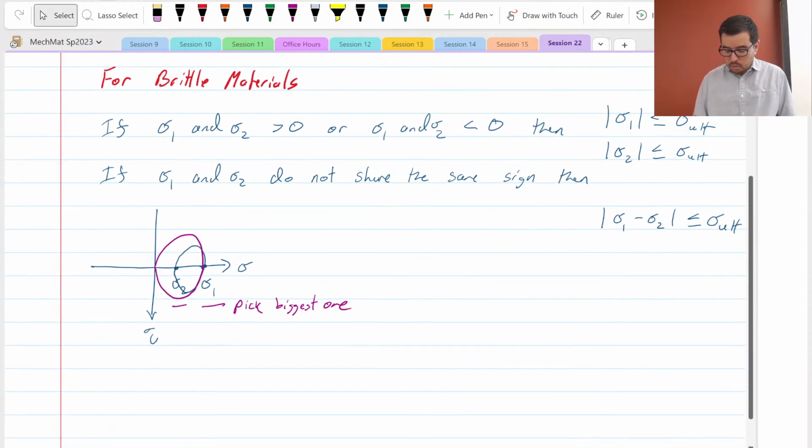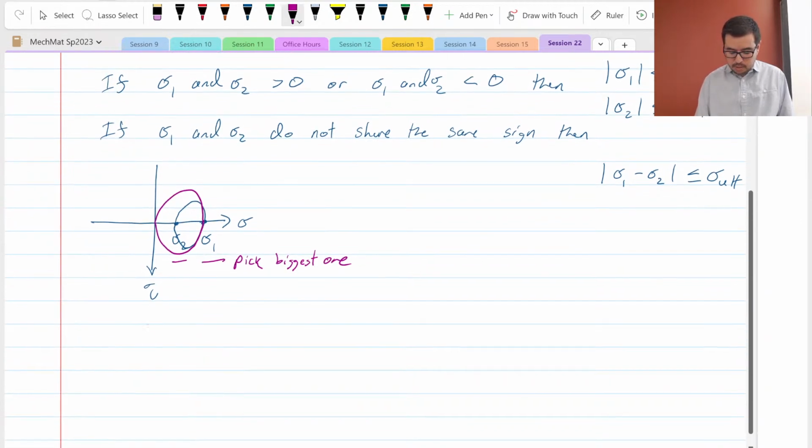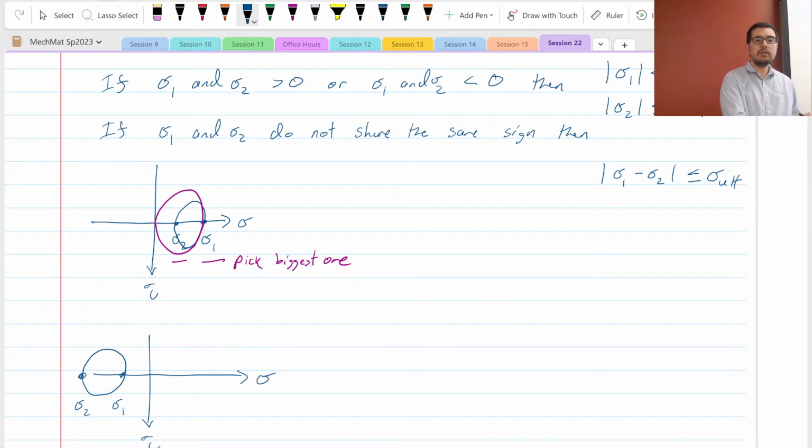That is one case. The next case is where you have them on this side. Once again, this could be called sigma 2. We said typically sigma 1's the bigger one. If you wanted to call it sigma 1 because it's more negative, the more problematic one, that would be okay.